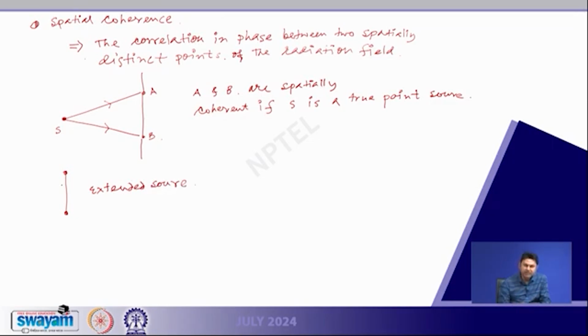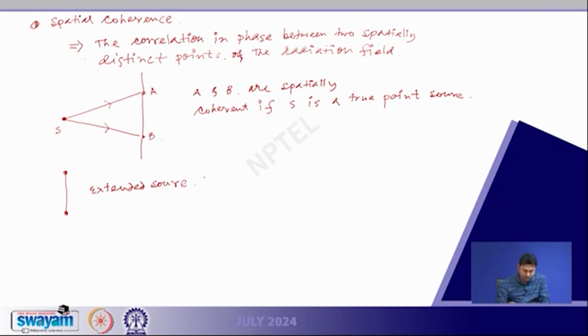I can consider many point sources over that. Here we have only one point source, but an extended source means it will be a collection of many point sources, and they are mutually incoherent sources. That means these sources are emitting light, but this light doesn't have any phase relationship among them.